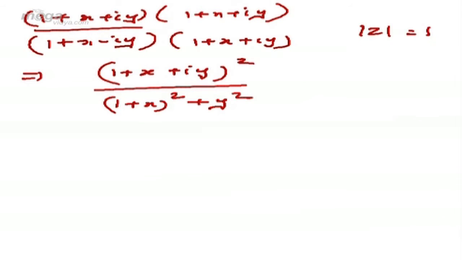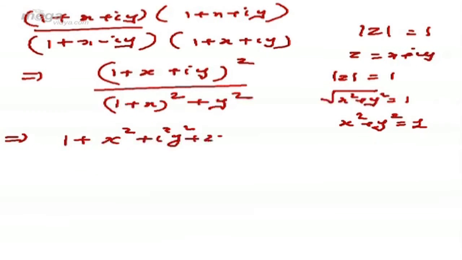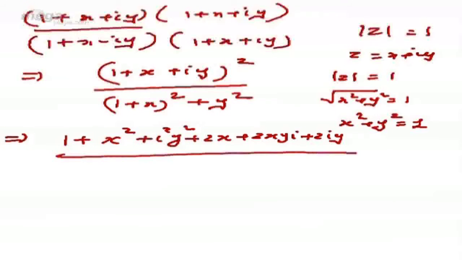Mod of z is equal to 1 is given, so z is equal to x plus iy. Mod of z is equal to 1, so root of x square plus y square is equal to 1, that is x square plus y square is equal to 1. Now let us come to the numerator, that is 1 plus x square plus i square y square plus 2x plus 2xyi plus 2iy divided by 1 plus x square plus 2x plus y square.